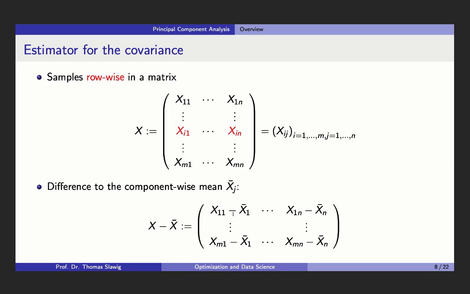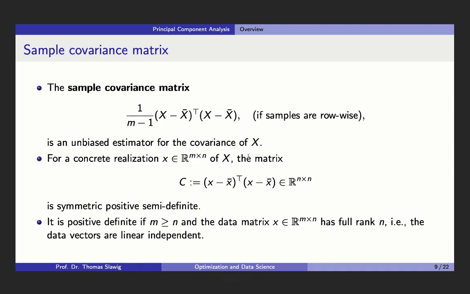So this is one way, and if you look in the book, you have to always take care how the samples are put in the matrix, if it's row-wise or column-wise, but basically that doesn't matter. It just depends on the further calculations of the formula.